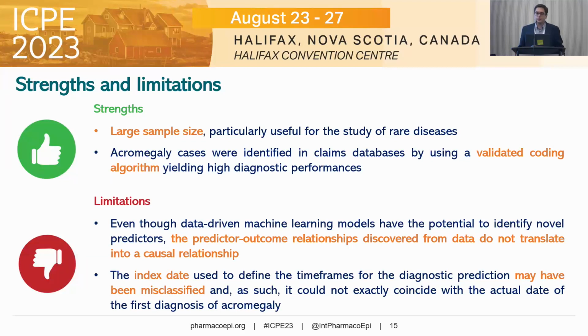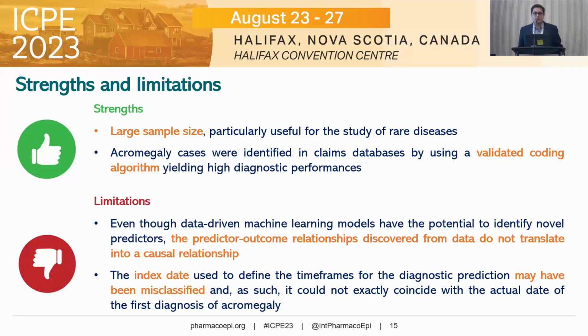As for the limitations, we should keep in mind that although machine learning models are data-driven models which are able to identify novel predictor-outcome relationships, these do not always translate into a causal relationship. And we should also keep in mind that since we applied our algorithms on claims databases, this study has some limitations characteristic of this type of data source.